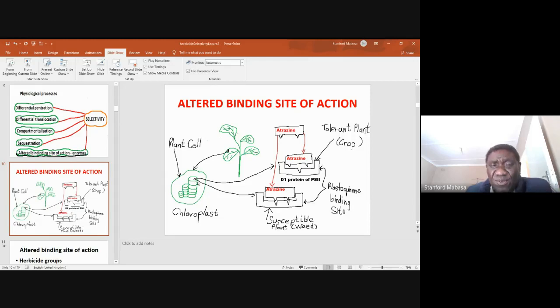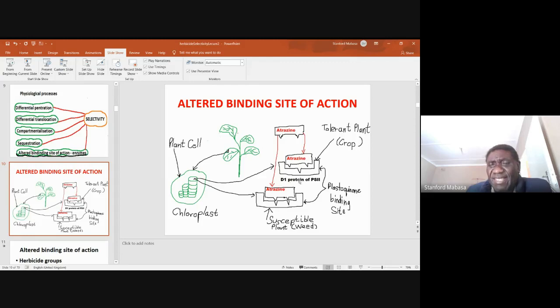So we want to find out what is actually happening at the chloroplast. For example, if we apply atrazine and a plant is tolerant to atrazine, the enzyme will present a certain structure.